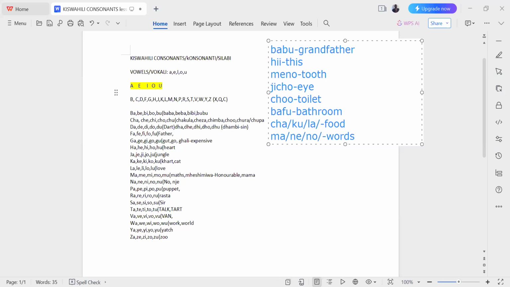If you remove MA, you remain with neno, which means word in singular. It's not ni, it's ne. Maneno means words, and neno means a word.